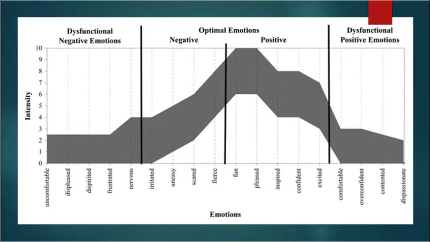In one case, an athlete may find an emotion to be optimal, whether it be a negative or positive emotion, and another athlete will find that same emotion to be dysfunctional, either positive or negative. So again, the IZOF was developed to help us realize that we as individuals have different needs, and it's very sport dependent and personality dependent.